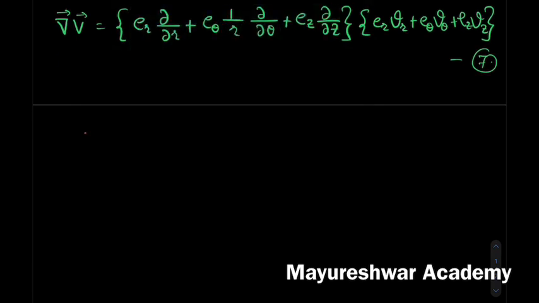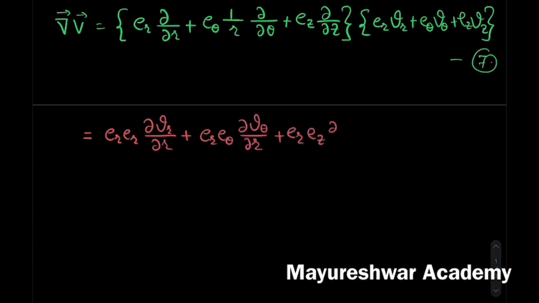So let us do the product. We need to multiply each term of del bar and operate it on velocity. First we need to use a product rule. First let us operate partial over partial r on all three components of velocity.